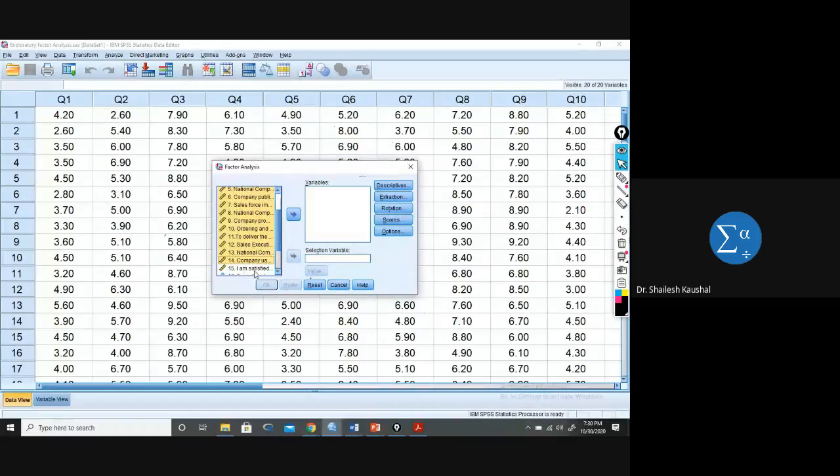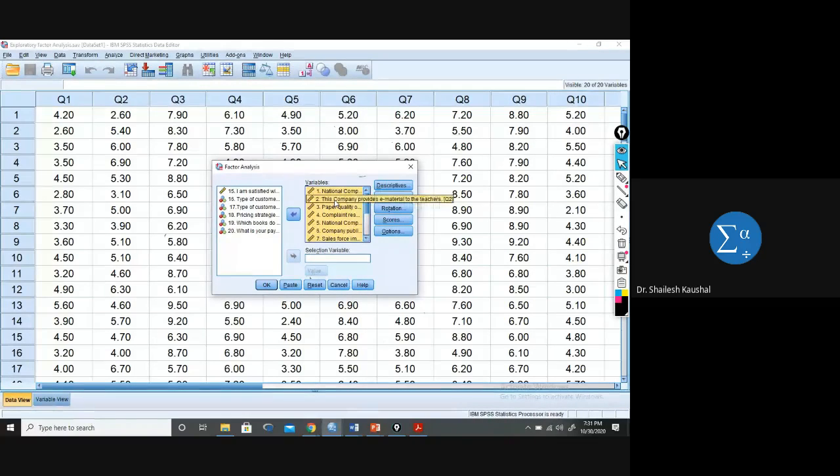I am not taking the satisfaction question. Then I am transferring all the 14 questions here. You can take 10, 15, 13. It is your choice, but I am taking 14 questions.